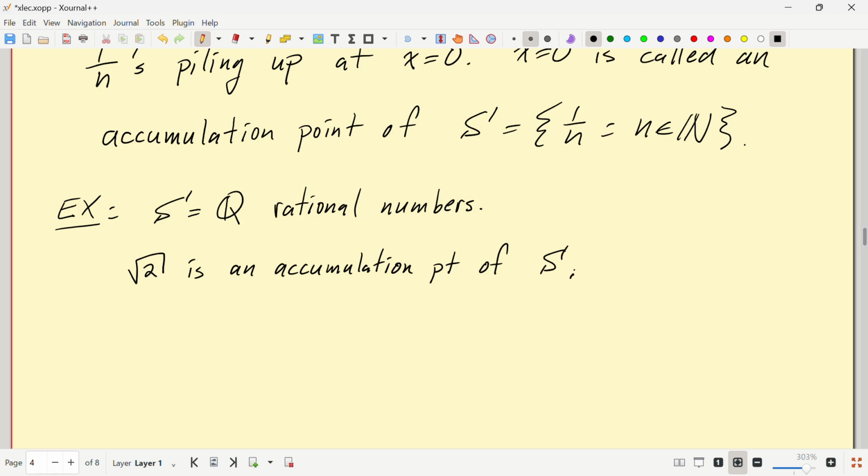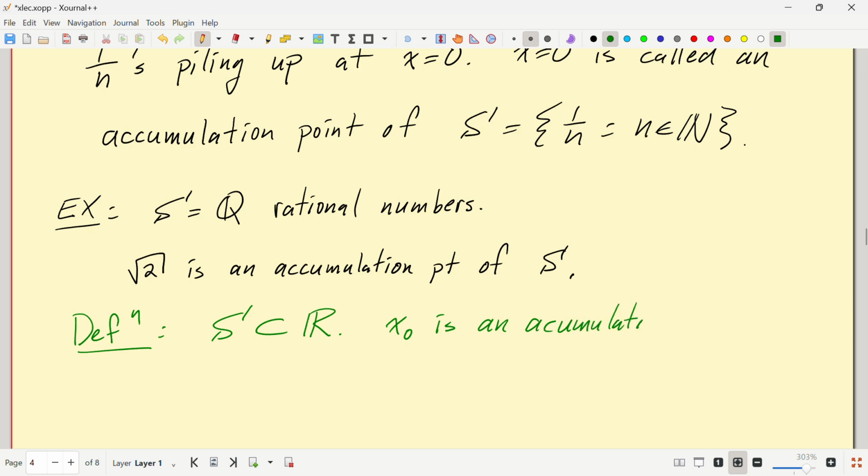Okay, so let me now write down the formal definition of accumulation point. So S is a subset of the real numbers. X naught is an accumulation point. Sometimes those are called a cluster point.